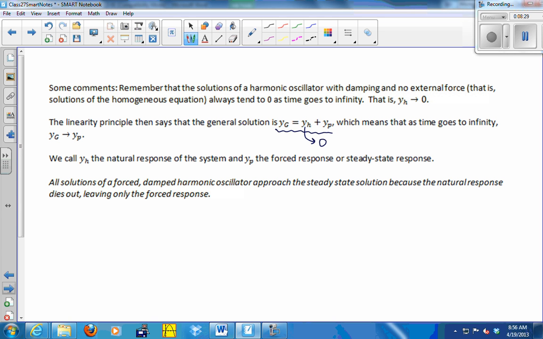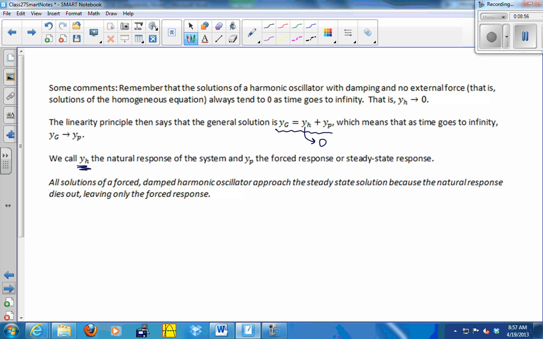That makes sense? Okay. So we call YH the solution to the associated homogeneous equation, no external force. We call that the natural response of the system. That's what it would do with no external forcing.